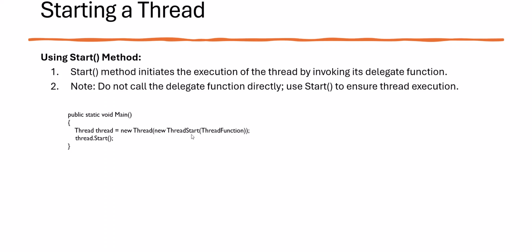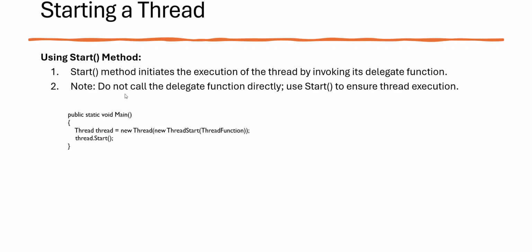So here the thread function is assumed to be a method that matches the signature of ThreadStart, with a void return type and no parameters, right? So in new ThreadStart, ThreadStart is a delegate instance that points to the thread method. And Start, we already know, is used to start the thread.